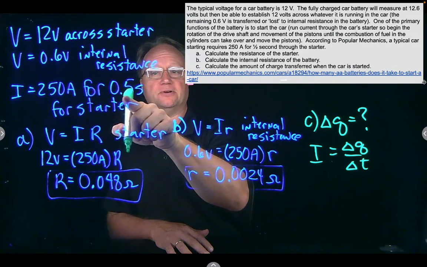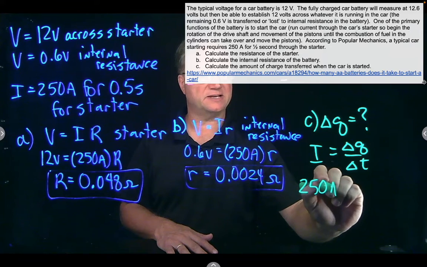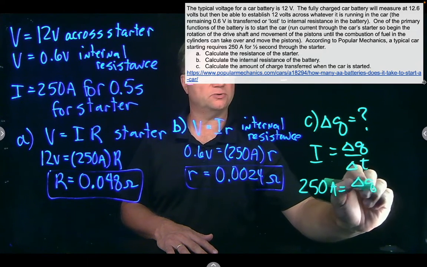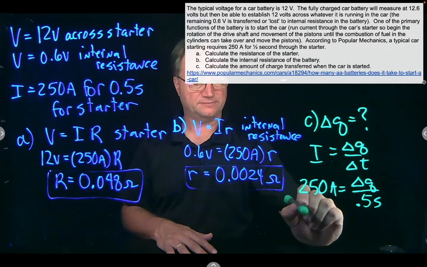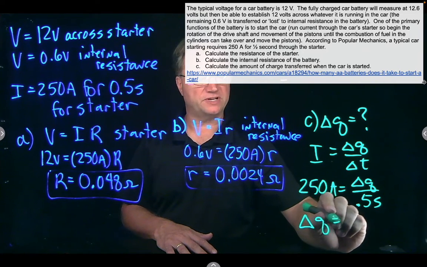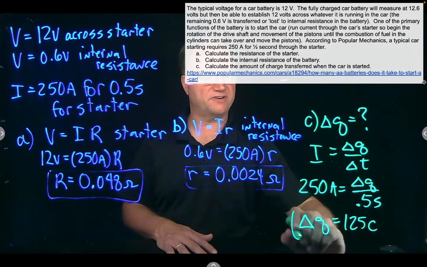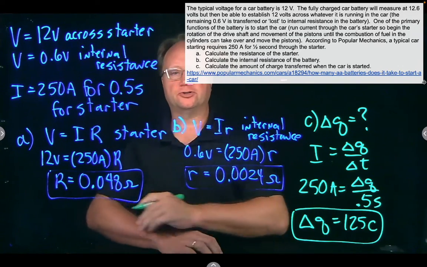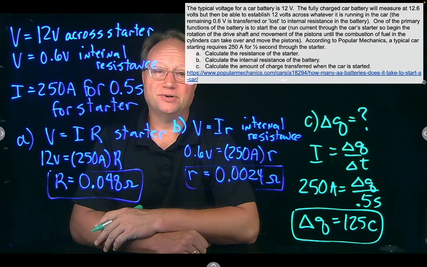Our time period is the 0.5 seconds. So 250 amps is equal to delta Q over 0.5 seconds. So then we solve for an amount of charge of 125 coulombs that are transferred in the starting of that car. Ponder physics.